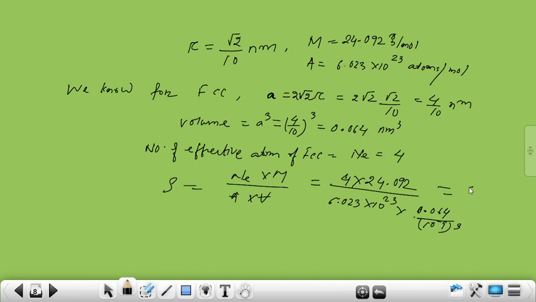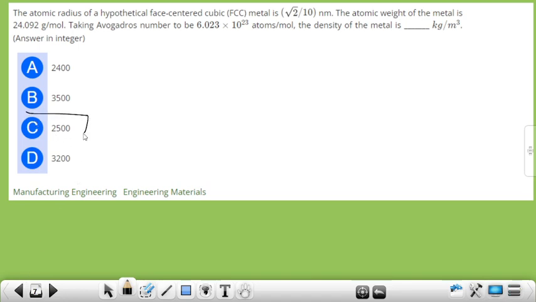So solving this, we get 2500 kg per meter cube. So option C will be the correct answer.